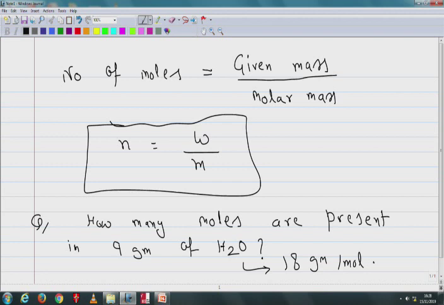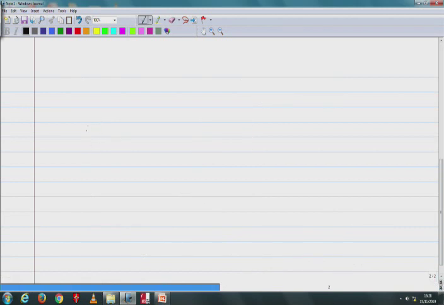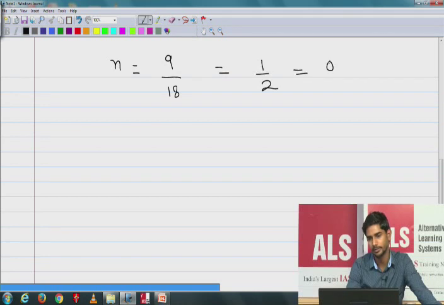Very good, everyone. The given mass in the question was 9, molar mass was 18. So 9 by 18. On solving, we get 1 by 2, which is 0.5 moles.